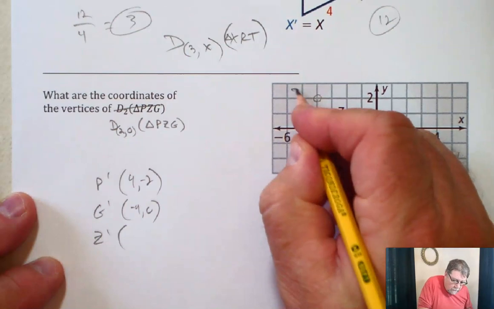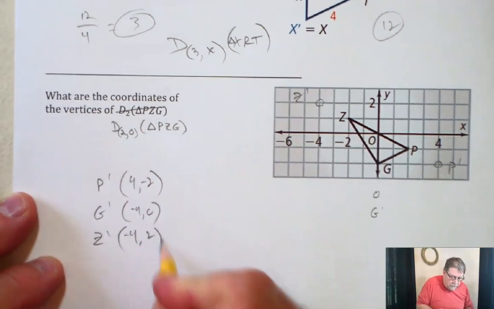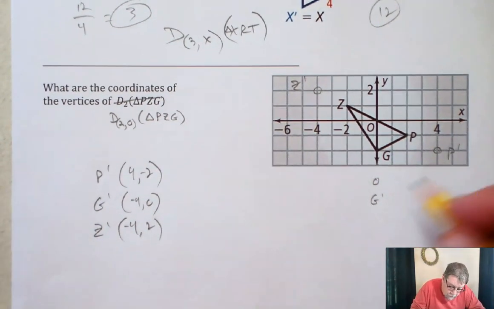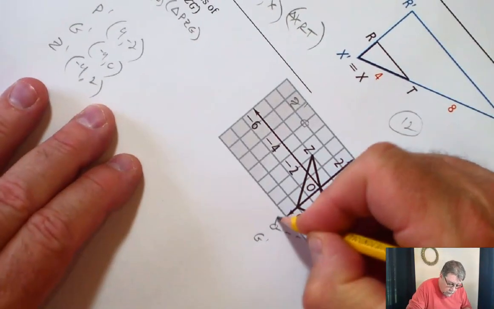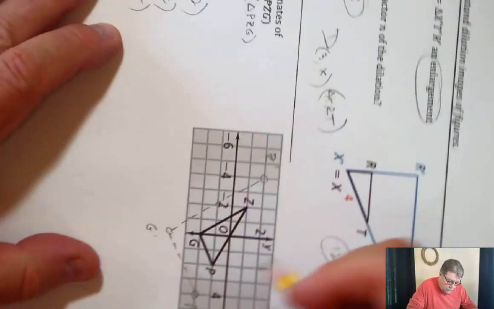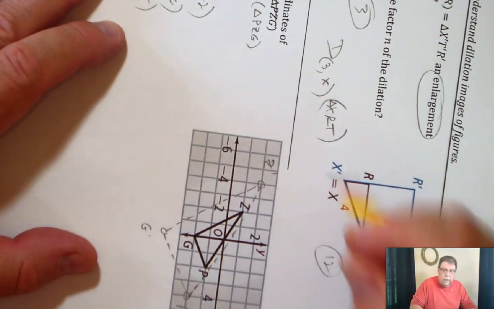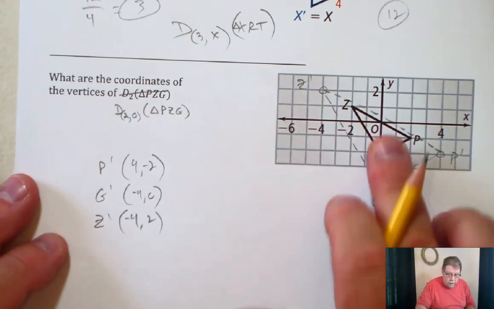It would be right there. Z prime would be at negative 4, positive 2. Okay, and we could draw the dilation, which is an enlargement, right here. And there is a picture of the enlargement around point O.